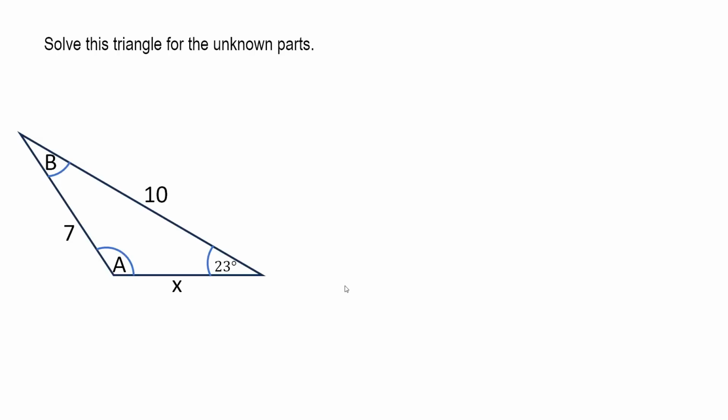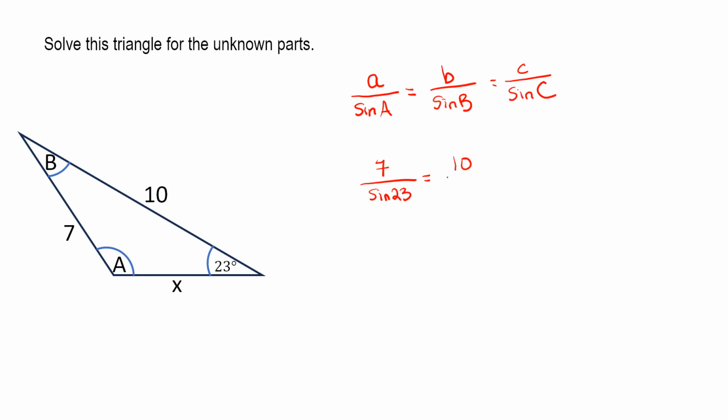Okay, so we didn't get to go over this problem in class, so I just want to go over it real quick using the law of sines to solve this triangle. So we have 23 degrees and 7, so we'll put the 7 in the numerator and sine 23 in the denominator, and that should equal 10, and across from 10 is angle A, so we can say 10 over sine A, and this will help us find A. So we cross multiply: 7 sine A equals 10 times sine 23.